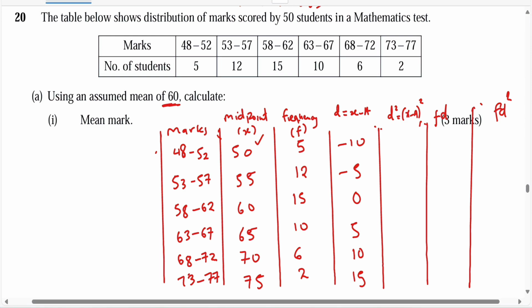So now we find fd, because the first question asked us to find the mean mark. So fd is just f times d.